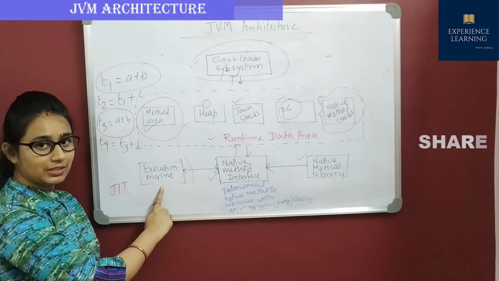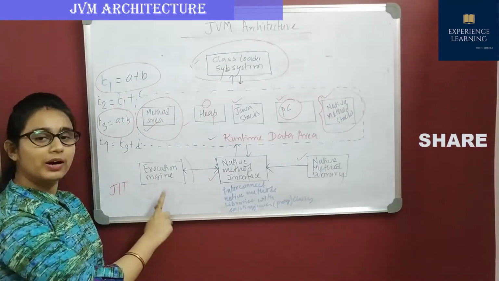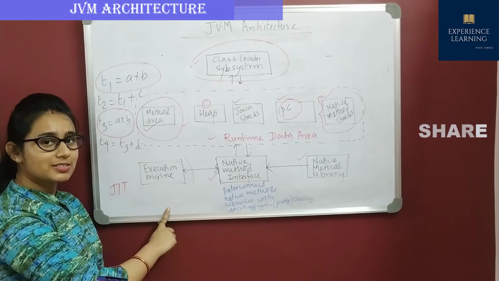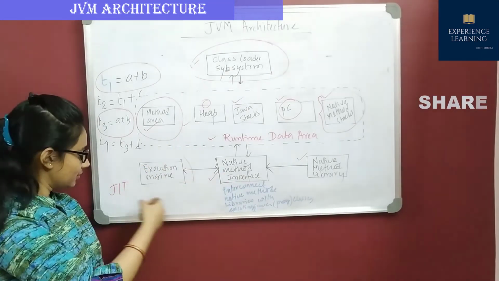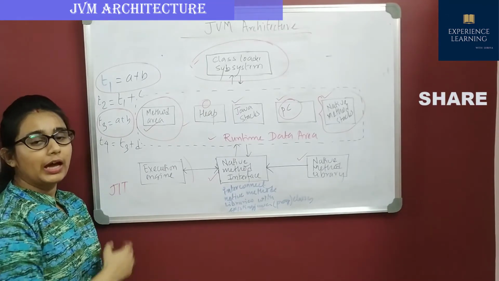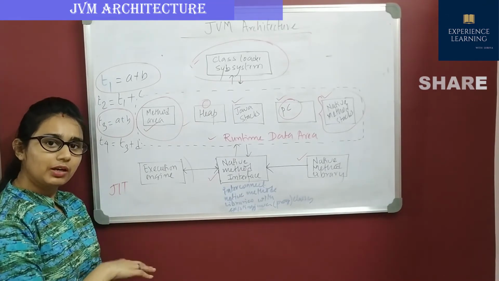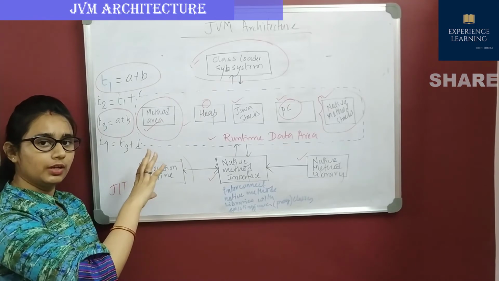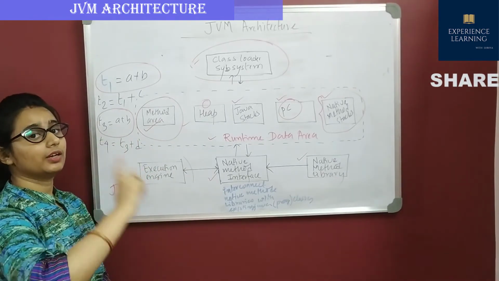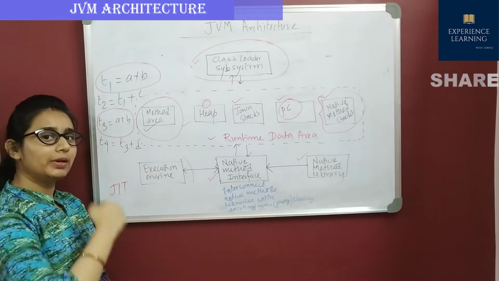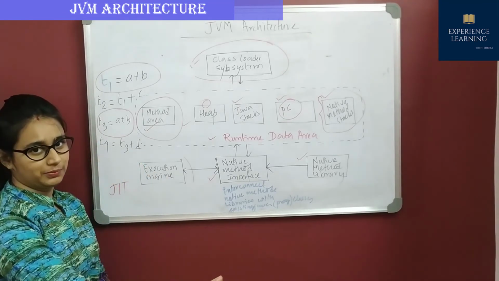So in the execution engine, this is a very smart component, which decides which code will go to the interpreter and which will go to the just-in-time compiler. And when we use the just-in-time compiler, code which is already executed uses a very smart approach so that it will not be interpreted again.